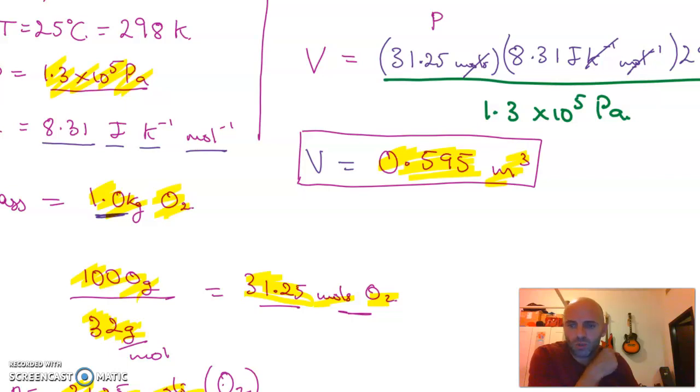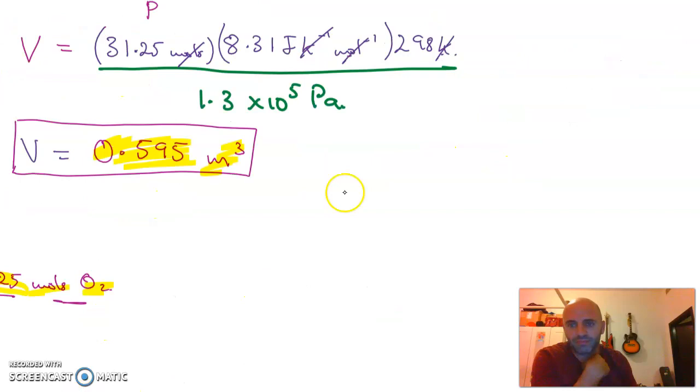I'm just going to walk quickly through where the units come from on this and how you can tell what the volume is going to come out in. Looking closer at the units, I'm multiplying moles times joules per Kelvin per mole to the minus 1.